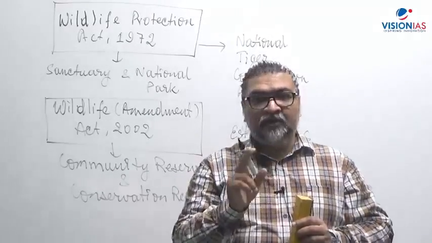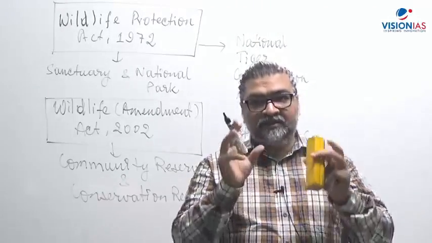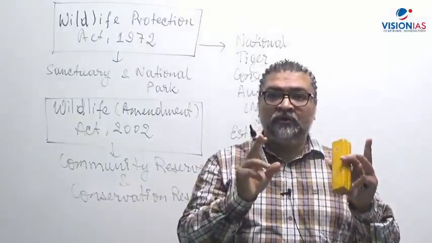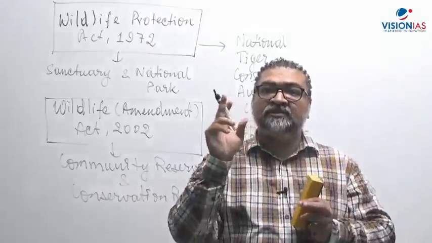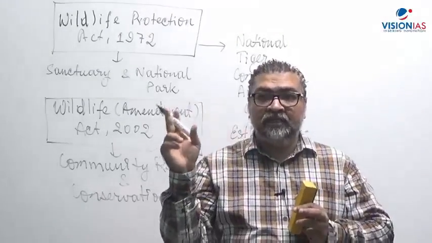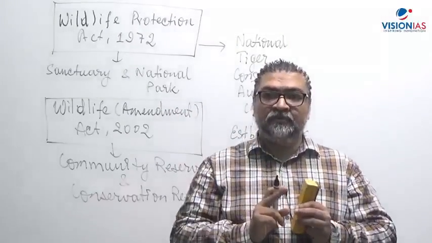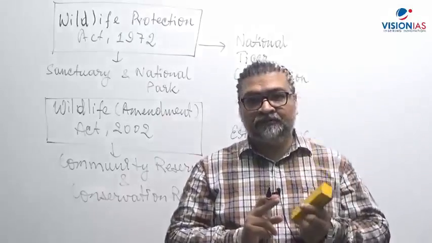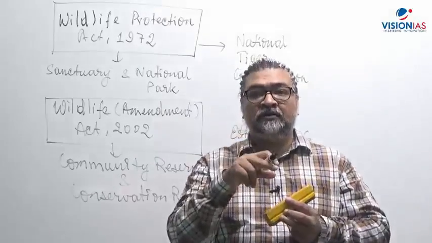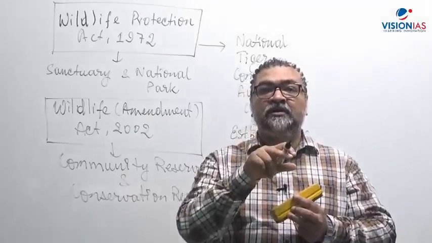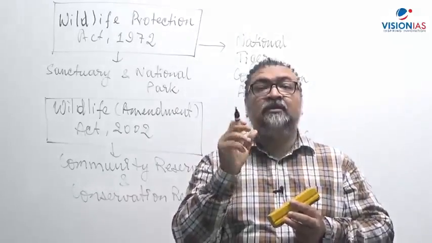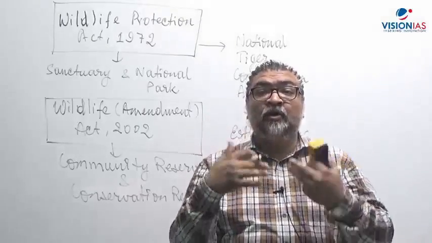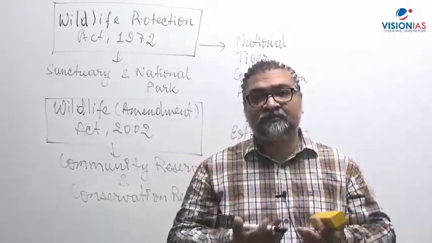Right? The biosphere reserve concept has come from UNESCO, the United Nations Educational, Scientific and Cultural Organization. There is an international program called MAB, Man and Biosphere Program, which defines biosphere reserve. And the Government of India, being a member party of that program, the central government declares biosphere reserves.